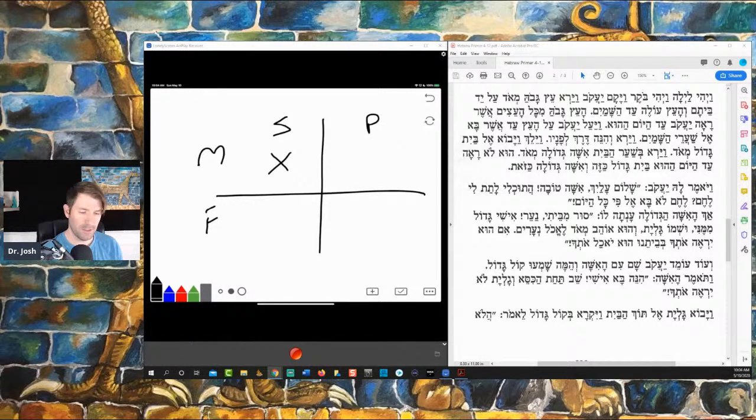There is a feminine singular ending. It's either going to be a or some form of tav. And the plural ending is going to be im, and feminine plural is going to be ot.